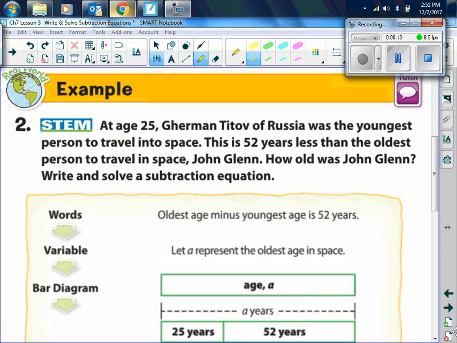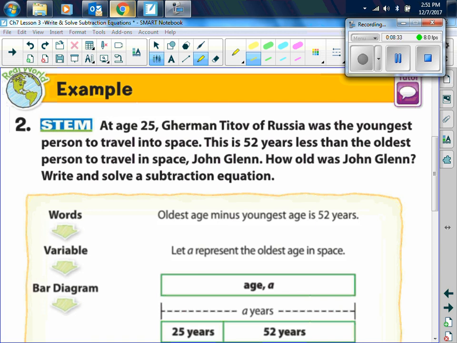Alright, so example 2 says, at age 25, Hermann Titov of Russia was the youngest person to travel into space. This is 52 years less than the oldest person to travel in space, who was John Glenn. How old was John Glenn? We want to write and solve a subtraction equation.